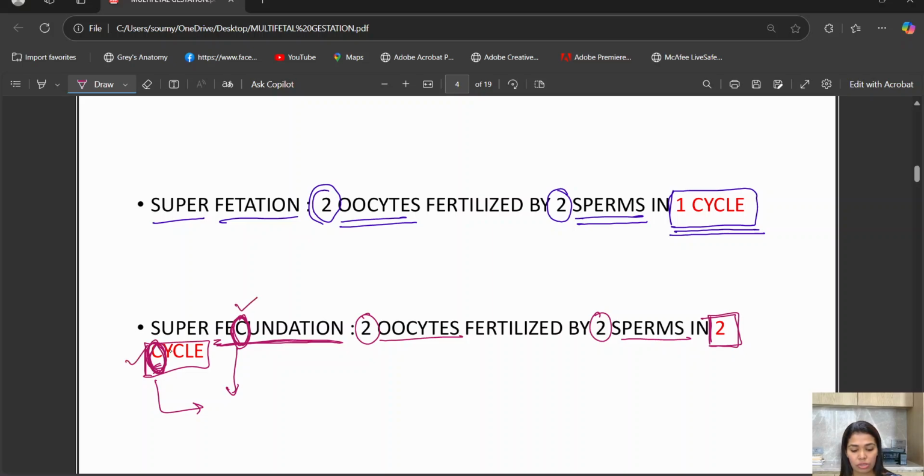If there are two C's here, that means two cycles. There is no C here in fetation. There is only one cycle's C, so that means one cycle. These are just ways to make it easier for you and help you remember these definitions.